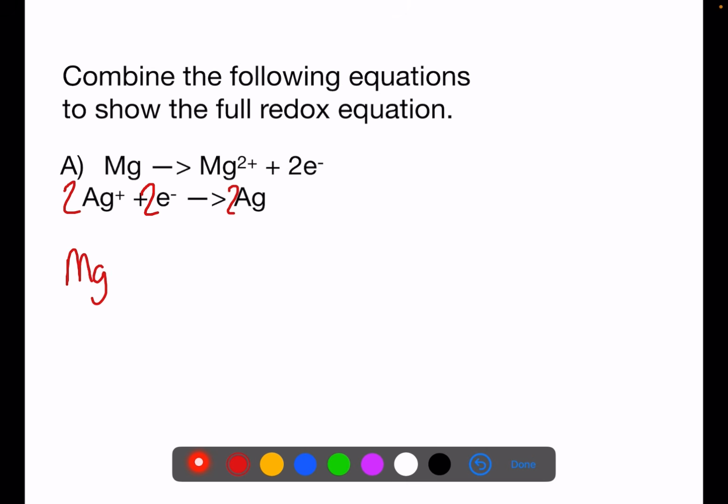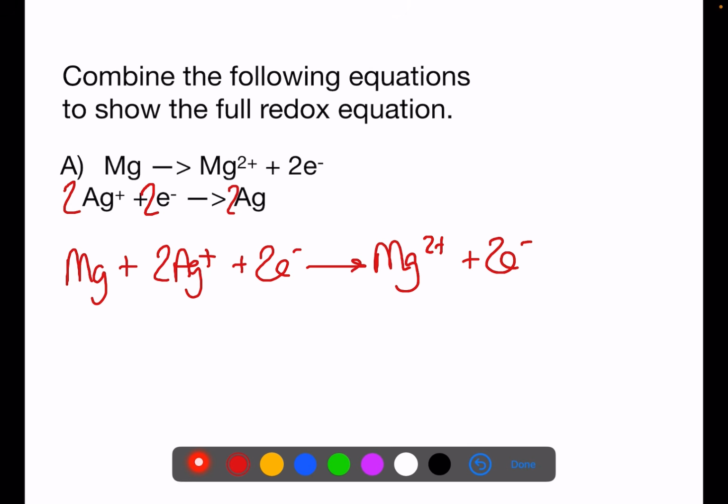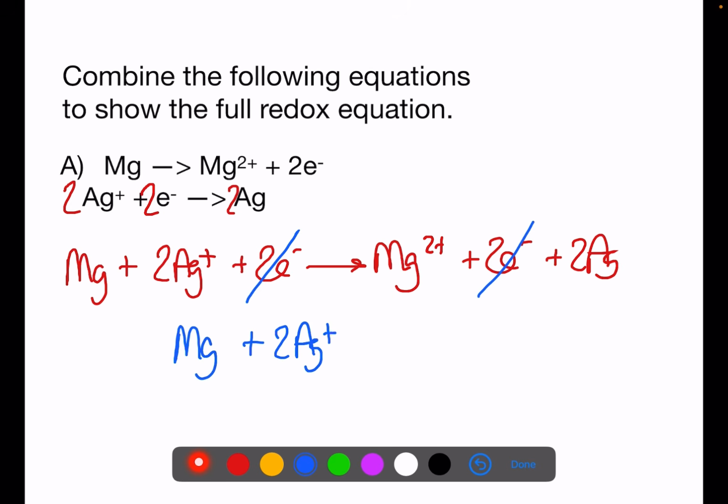So here we would have Mg plus 2Ag+ plus 2 electrons to give Mg2+ plus 2 electrons plus 2Ag. We can now cancel the electrons and rewrite this without them. So we'll have Mg plus 2Ag+ to give Mg2+ plus 2Ag.